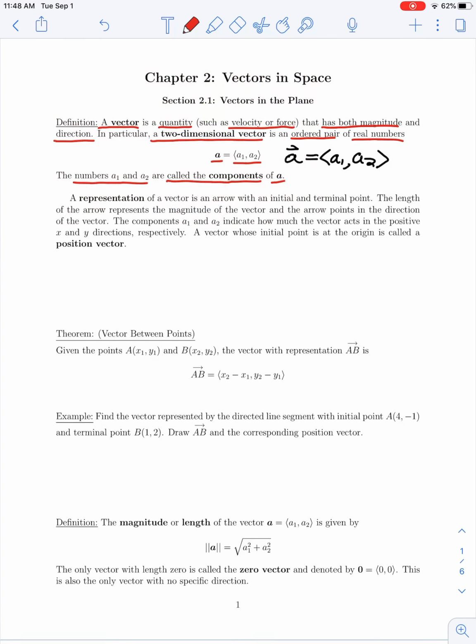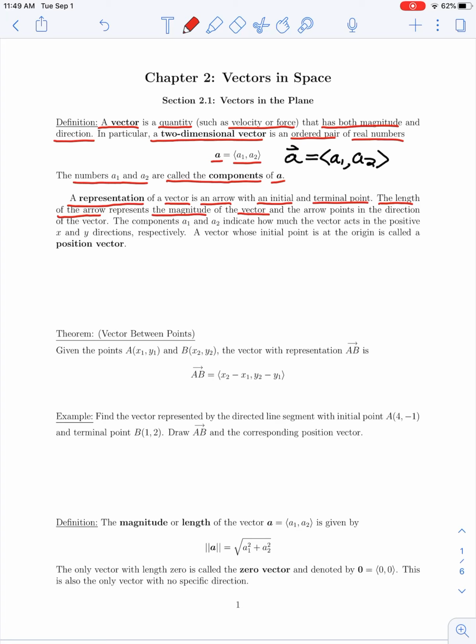So we can define what's called a representation of a vector as an arrow that has an initial point and a terminal point, where the length of the arrow represents the magnitude of the vector. So if we're talking about velocity, it would represent speed, or how fast our object is moving.